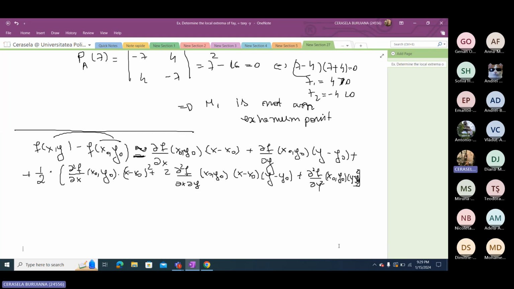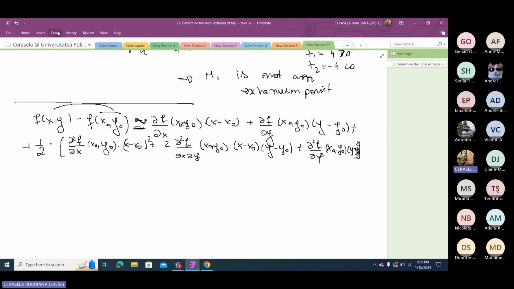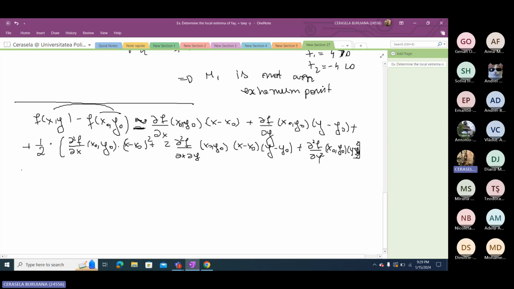Now I will solve one more exercise of local extrema, where we take a function and I want to determine its local extrema. Okay. And then we go to conditional extrema, because I said that today we will discuss only those things.